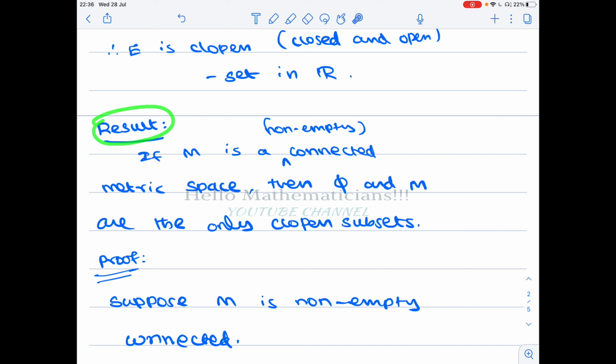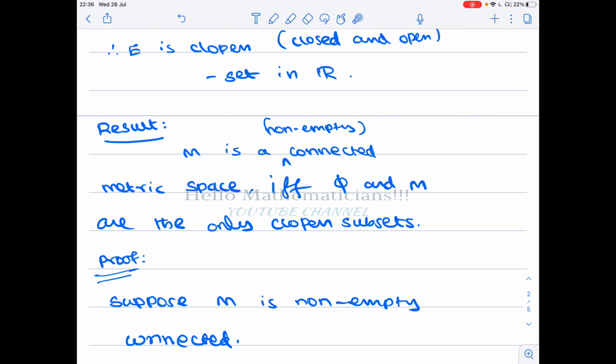So the result is: M is a non-empty connected metric space, and I suppose you can even take a topological space, I'm not sure, but for the timing we assume it is a metric space, if and only if the empty set and M are the only clopen sets. Clopen means both closed and open. Now R is a non-empty connected metric space.